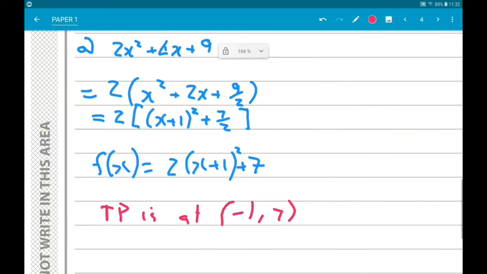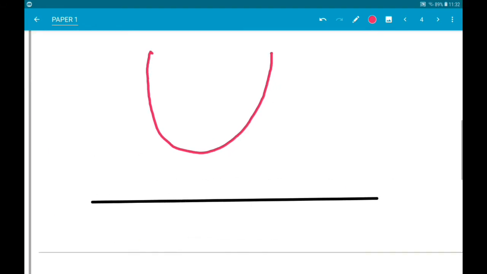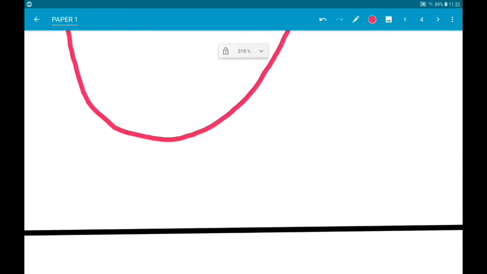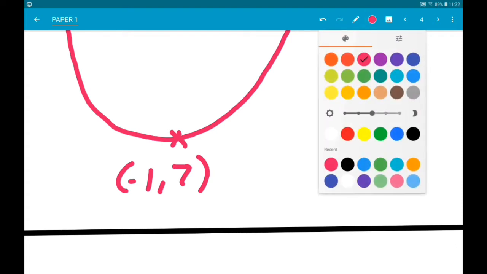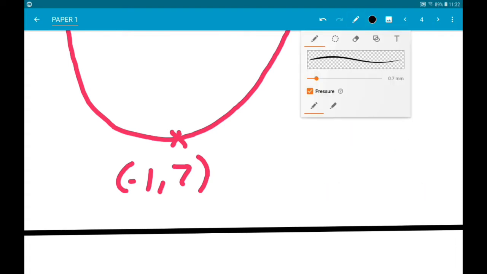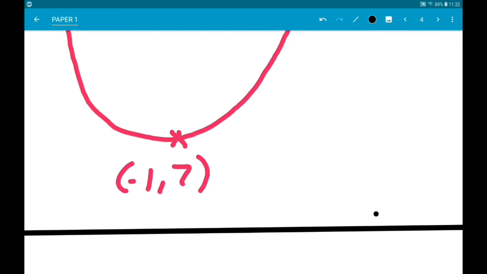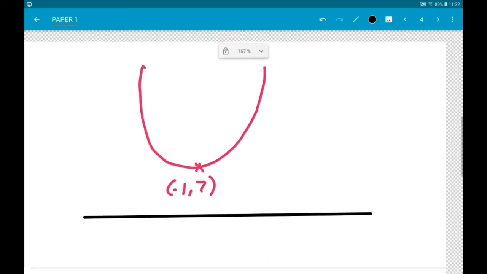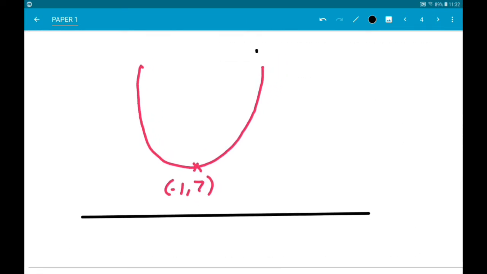So, the turning point is minus 1, 7. Which means the y-axis is somewhere there.